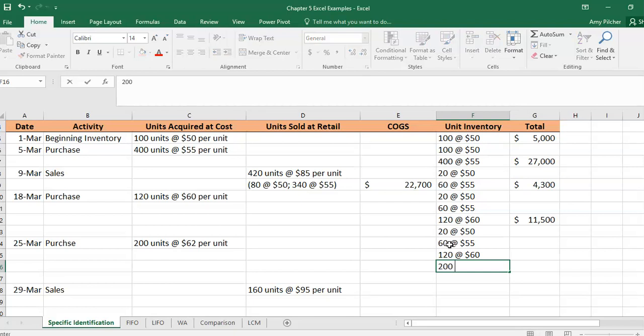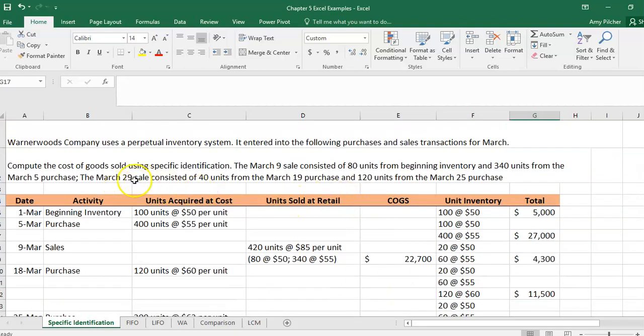Now we have another 200 at a $62 cost. So we need to add those 200 to our previous calculation, 200 times 62. Now we have inventory of $23,900. On March 29th, we sell 160 units.